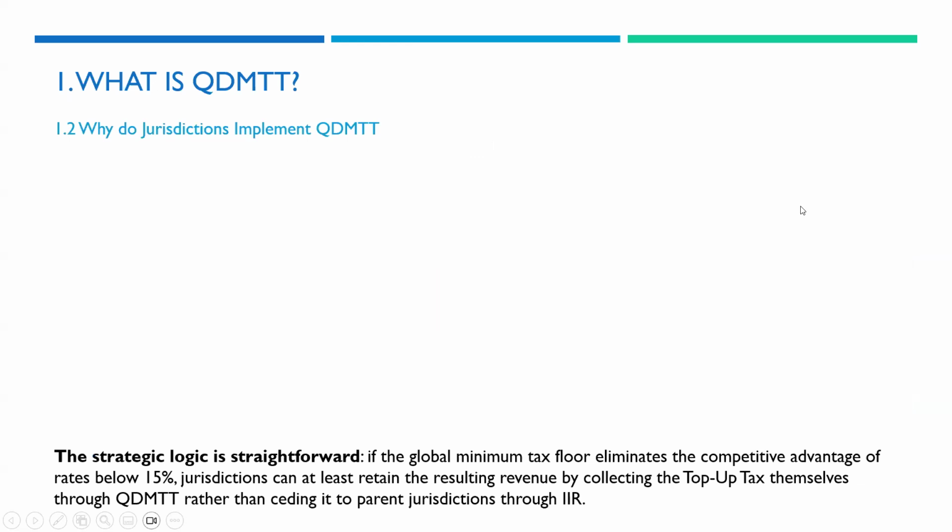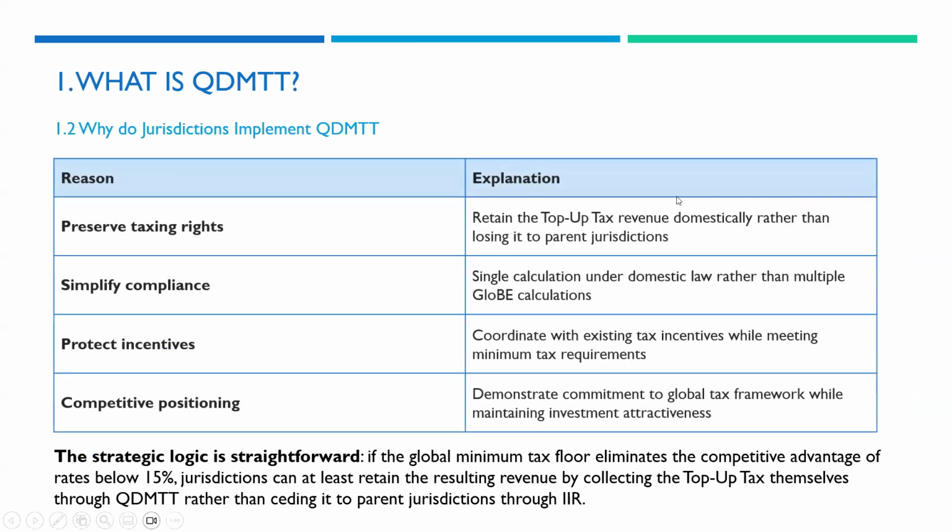Why do jurisdictions implement QDMTT? I know you already know the reasons, but let me structure them the way you would in an answer. One is to preserve taxing rights. I don't like this tax being taken by somebody else when I can take it myself, so I have a new income source.